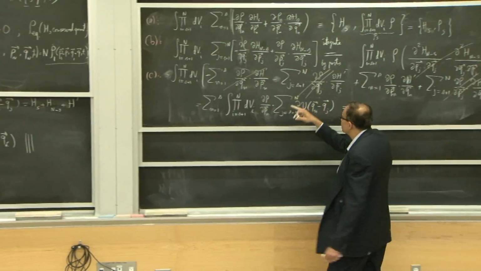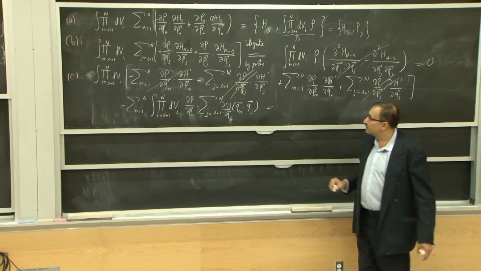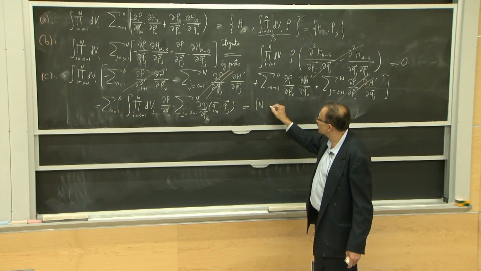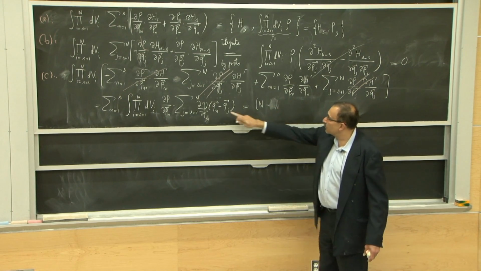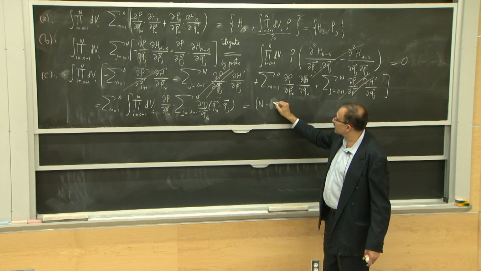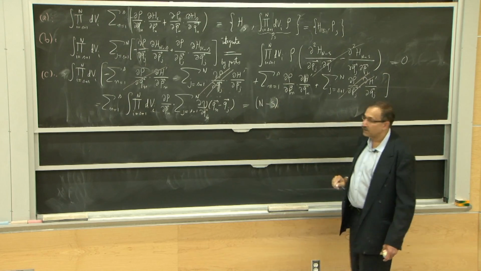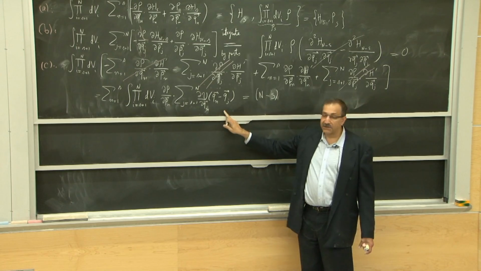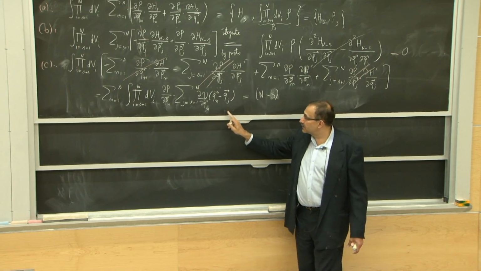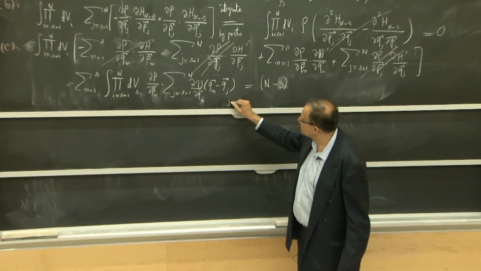I expect that all of these will give me the same result, which is proportional to the number of these particles, which is n minus s. And then I can focus on just one of the terms in this sum. Let's say the term that corresponds to j being s plus 1.